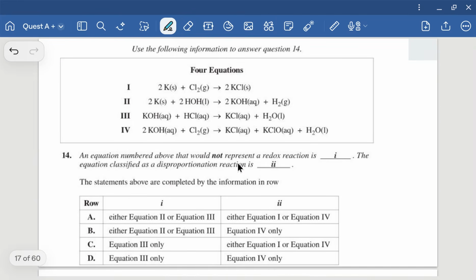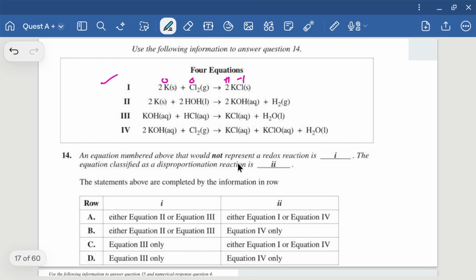Looking at question number 14, it asks what does not represent a redox reaction. If it's not a redox reaction, it means you don't have an OA or an RA. The easiest way to see that is by assigning oxidation numbers. The first one will be redox, because we'd have 0, 0, then +1, -1, so something is gaining and another is losing.